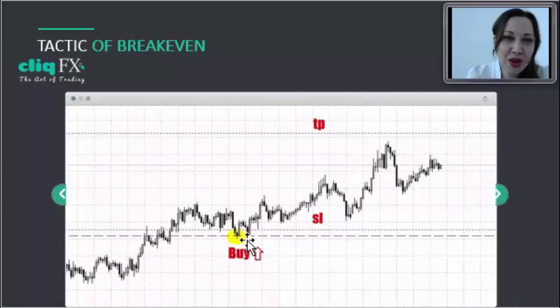And if your prognosis was right and the market is moving further, as we can see in this exact situation, which is actually taken from the live market, you can move your stop loss into the profitable zone. So you move it higher.